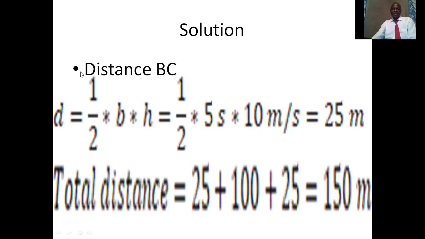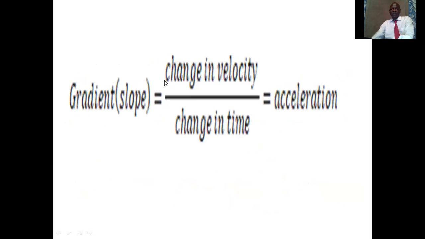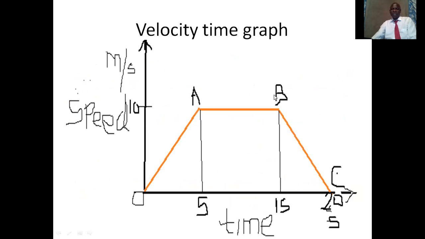Then we have to get also the distance BC, the distance moved from B to C. The area under the curve, again, here we have a triangle. The formula for calculating the area of a triangle is half base times height. Our base here is 20 minus 15, which is 5, and our height is still 10.